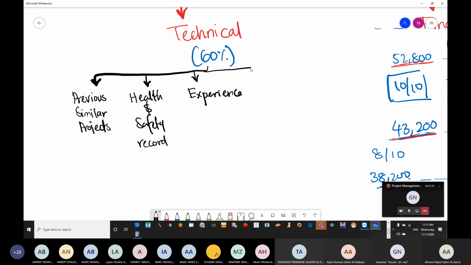Okay. What about the reputation of the company? How good is the company in the market?